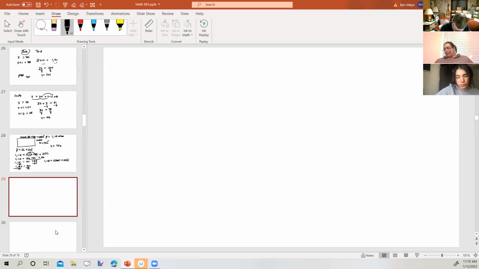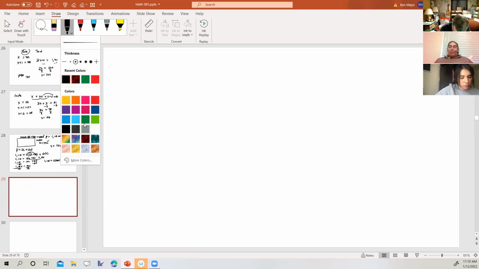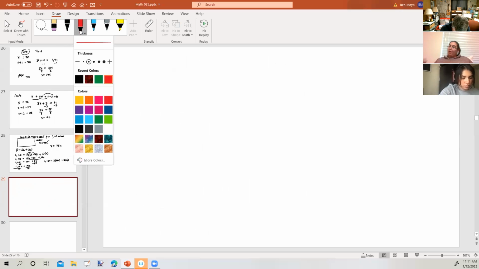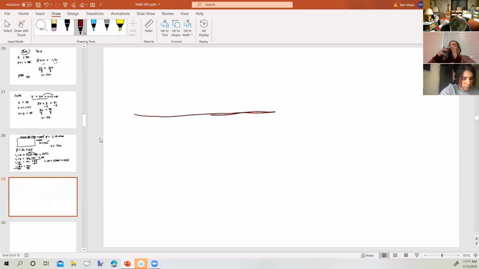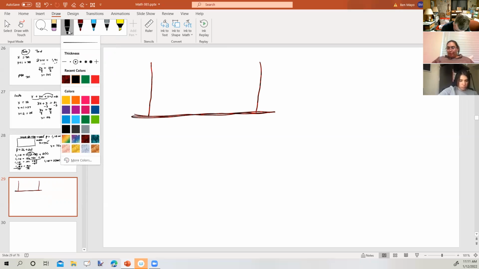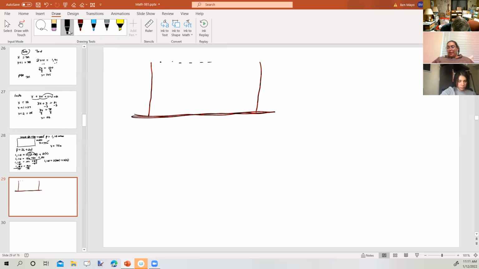Okay, so let's see if I can draw a picture. We've got the ground, and we've got this pole and this pole, and there's this clothesline and this pair of pants that are hanging there.